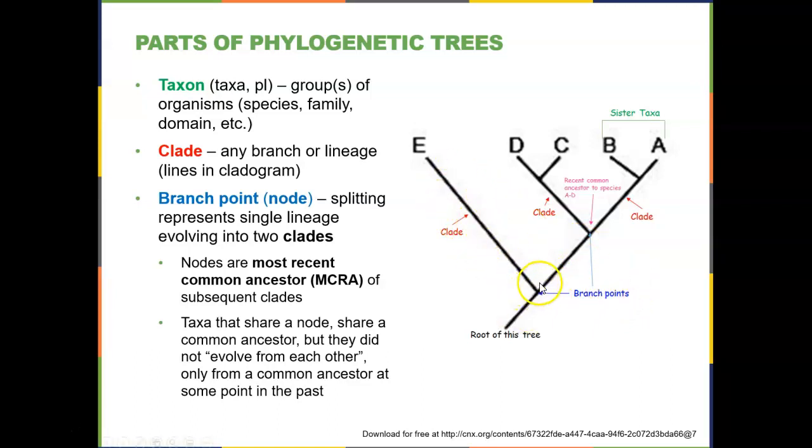So here's one clade, and then we have another clade, which then branches into subsequent clades. Where we have these branch points or nodes is where we see common ancestors, and that can be traced all the way back to an original single cell, which we don't really know the specifics on, but we have some guesses. But further up in the tree, we're a little more certain of who the common ancestors might be.